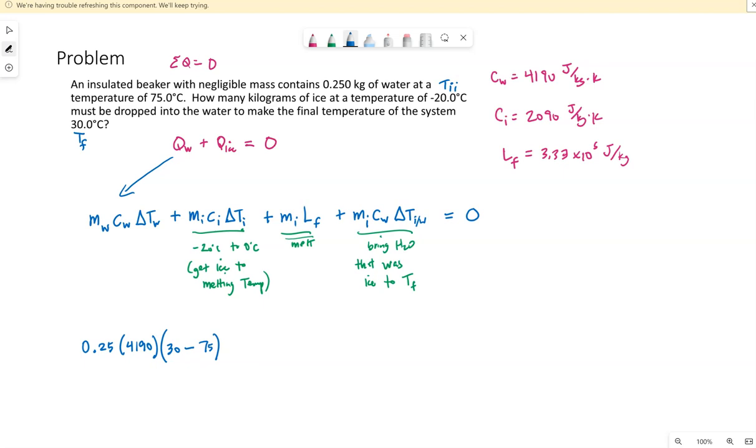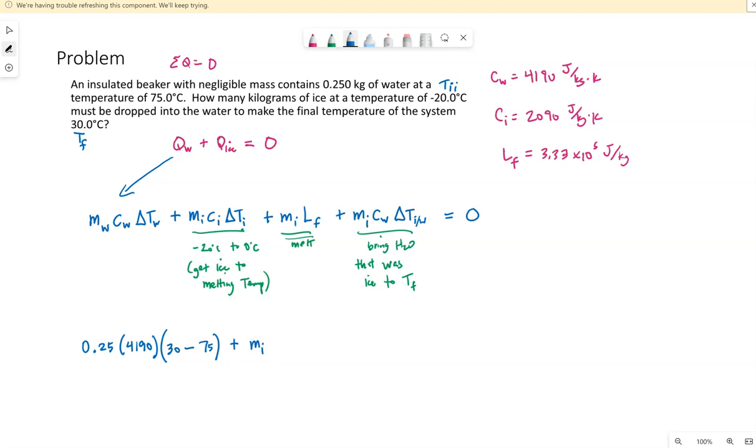So we know how much energy that the water ends up giving off, or at least we can calculate that. Notice we'll have a negative number here because T final is smaller than T initial. The water is cooling off, so it's giving away its energy.